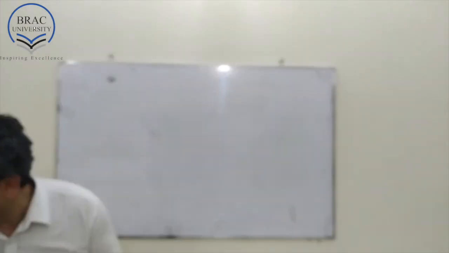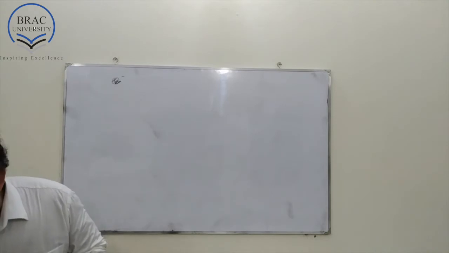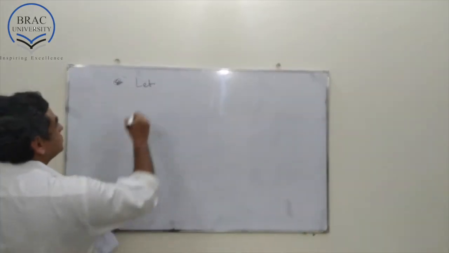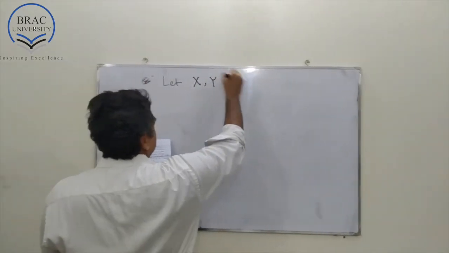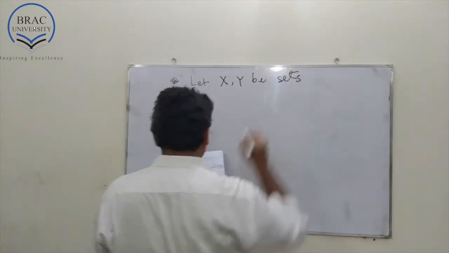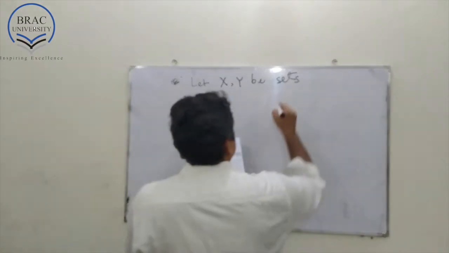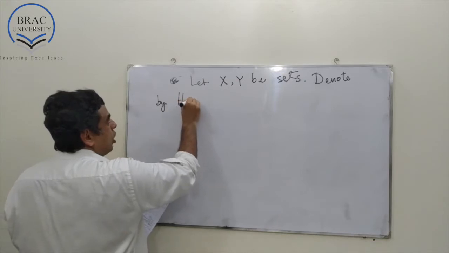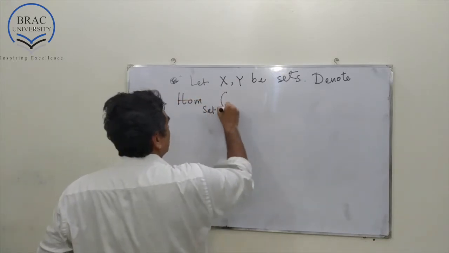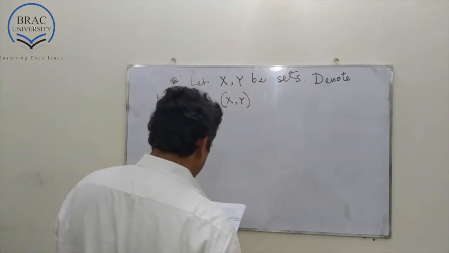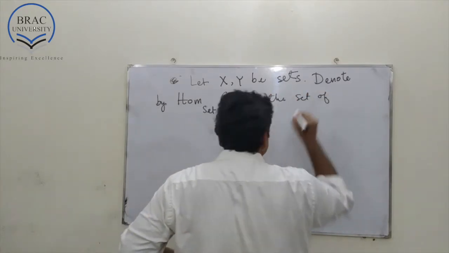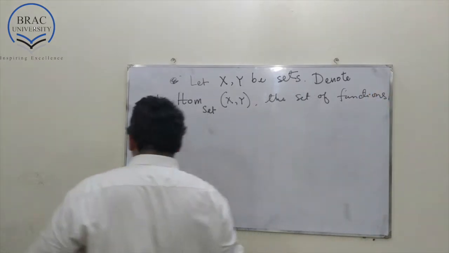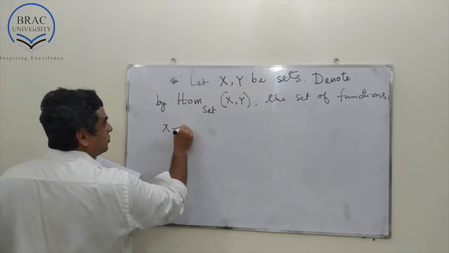For sets X, Y, denote by Hom(X, Y) the set of all functions from X to Y.